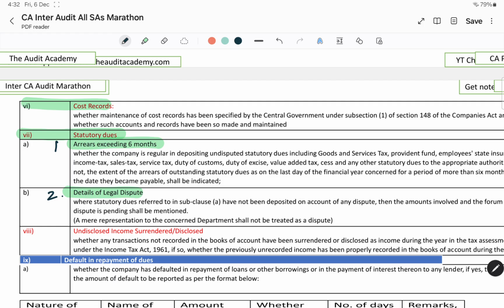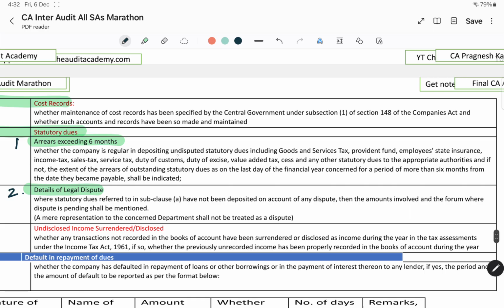Arrears exceeding 6 months: whether the company is regular in depositing undisputed statutory dues, including goods and service tax, provident fund, employees' state insurance, income tax, sales tax, service tax, duty of custom, duty of excise, value added tax, cess, and any other statutory dues to the appropriate authorities, and if not, the extent of the arrears. Outstanding statutory dues as on the last day of the financial year concerned for a period of more than 6 months from the date they become payable shall be indicated.